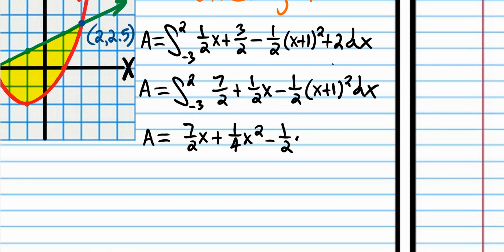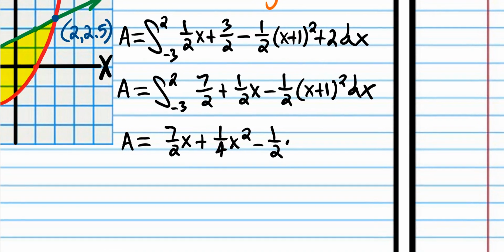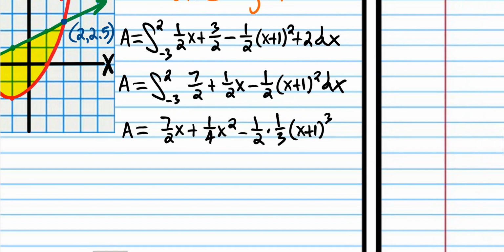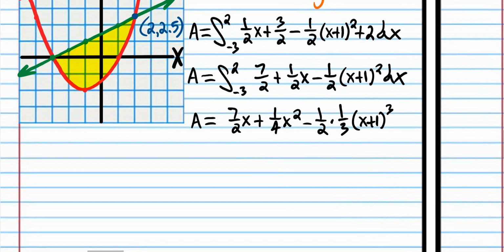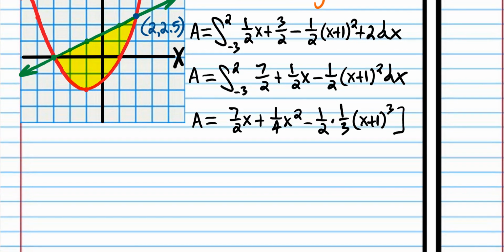You would let u equal x plus 1, but this is kind of an easy u substitution, so we don't really need to show all the u substitution stuff. So there you go, that is the antiderivative. You just add 1 to the exponent, but you have to counteract with 1/3. So you can confirm that that's correct by finding the derivative of all that.